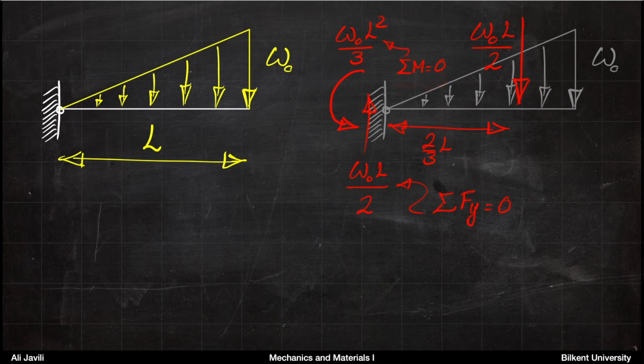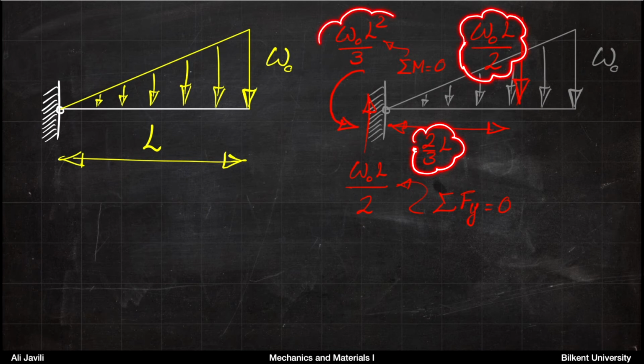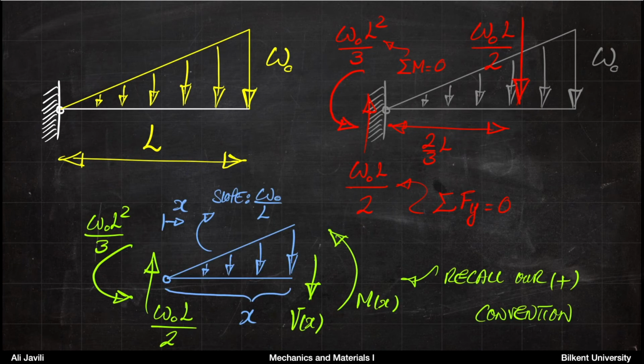And for that, basically, you would need enough moment to cancel the moment due to the load. And basically, you would need a counterclockwise moment here, which is the distance 2/3 of L times W0 L over 2, and that would be W0 L squared divided by 3.